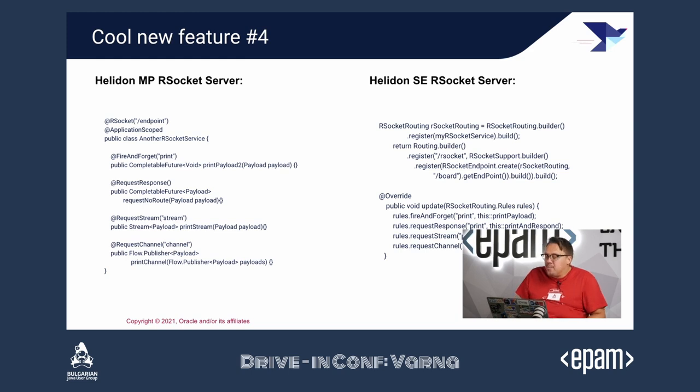And we are quite happy that for Helidon we created not just an implementation, we created a full API including a lot of annotations. If you see the code on your left, you just annotate something with RSocket, and then you're able to create fire-and-forget methods, request-response methods, etc.